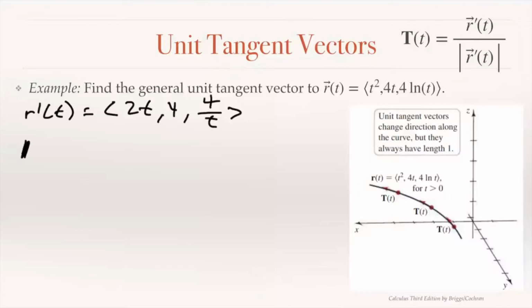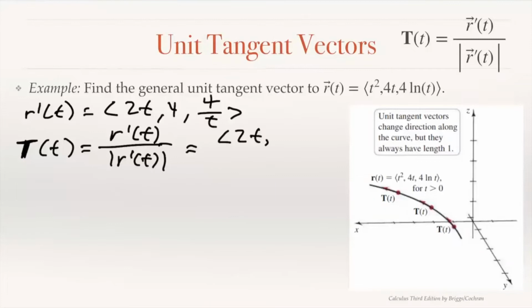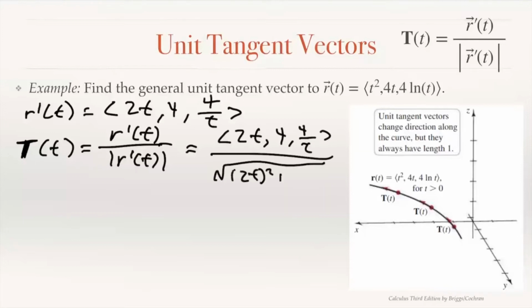And then the general unit tangent vector is r prime of t over the magnitude of r prime of t. And that magnitude is, as always, the square root of the sum of squares of its components. So we have 2t squared plus 4 squared plus 4 over t squared, and the square root of that whole thing.